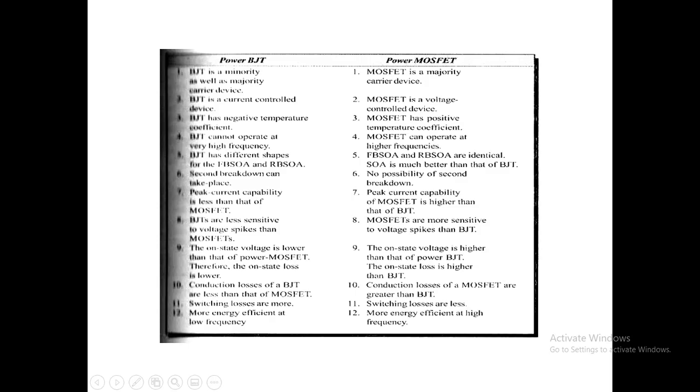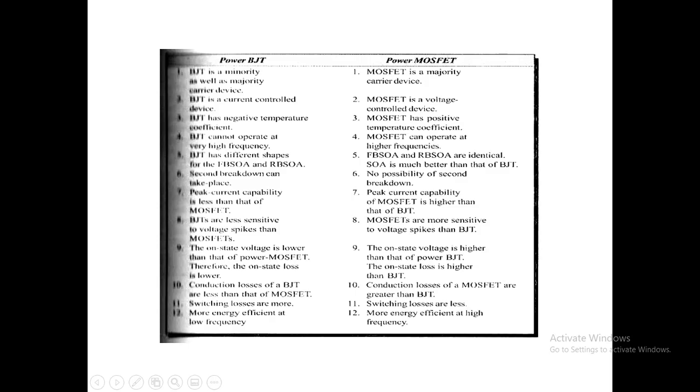So BJT cannot operate at high frequency. MOSFET is especially used for high frequency operations. The FBSOA, that is the forward biased safe operating area, for the BJT has different shapes for forward bias and reverse bias, and in MOSFET the safe operating area is similar for forward bias and reverse bias.